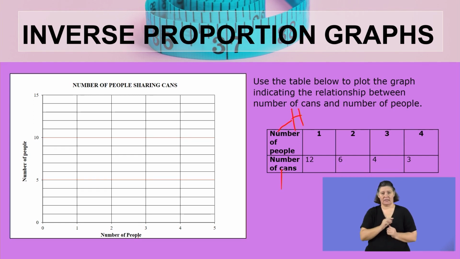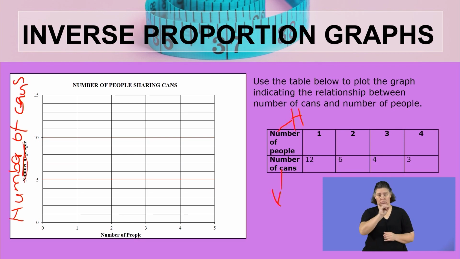Therefore, this will be plotted on the vertical axis. Therefore, this will make us change and say, we know now that number of people, because it is the independent variable, will be on the horizontal axis. And the number of cans will now be here. So let's write the number of cans and let's replace this with the correct title.